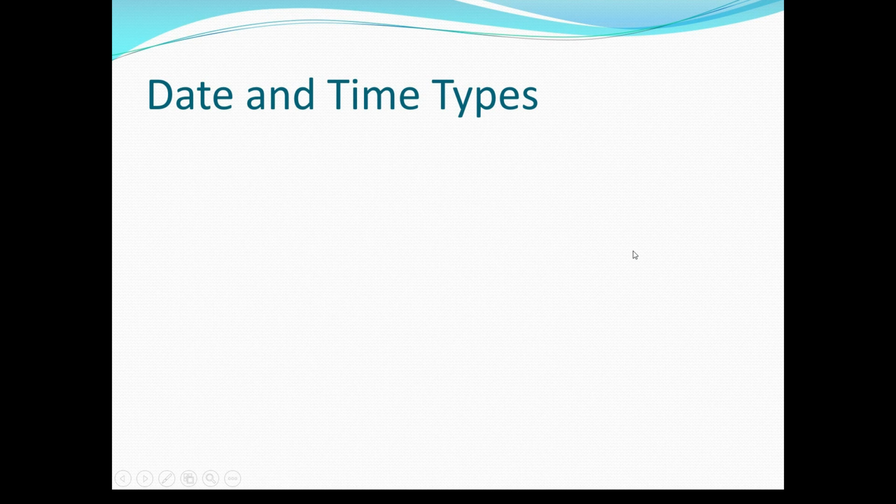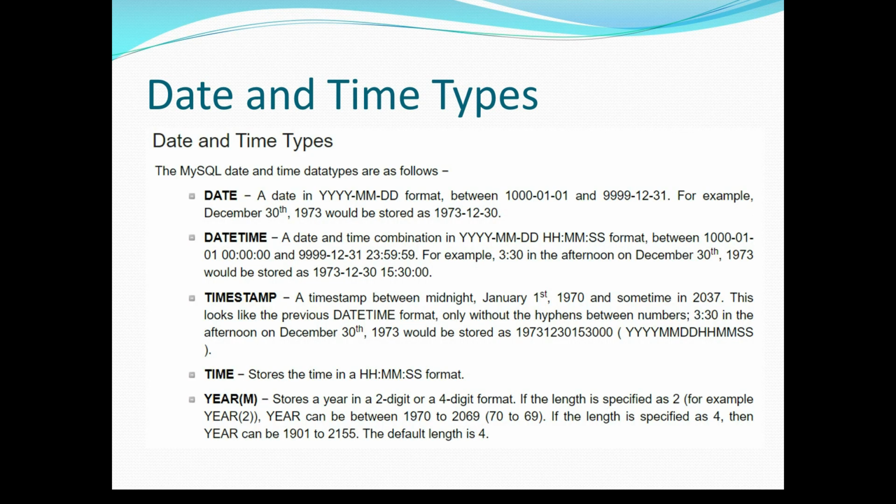What are the date and time types? The date and time types in MySQL are as follows. The date keyword: a date is in this format. For example, December 30th 1973 would be stored as 1973, then the month, that is 12, and then the day, that is 30.